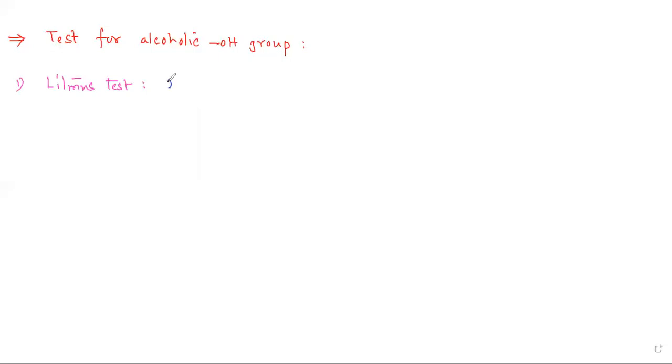See, alcohols are not that acidic. They are weaker acids. So they have got no action towards litmus.